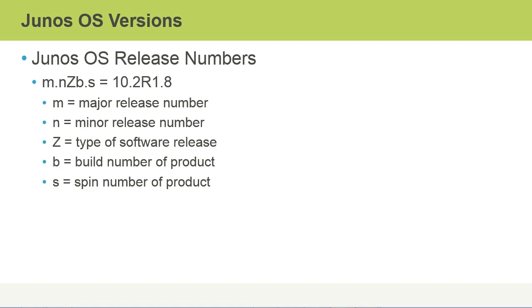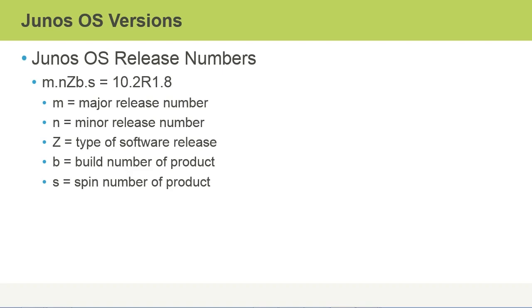But then we have this Z indicator here, and this placeholder is to specify the type of software release. So for example, looking at our sample here, we can see that the major release is 10, the minor release is 2, but then the value of Z to reference the type of software release is, you can see, capital letter R. So capital letter R is the code meaning it's a maintenance release.